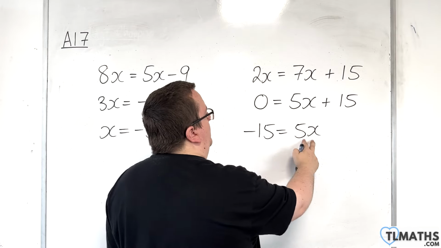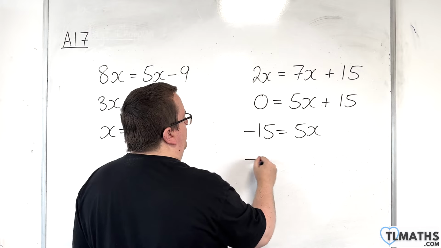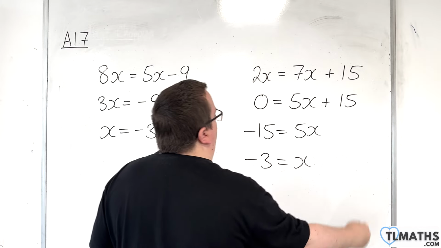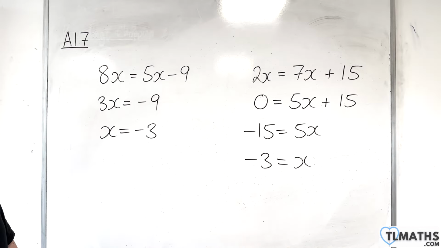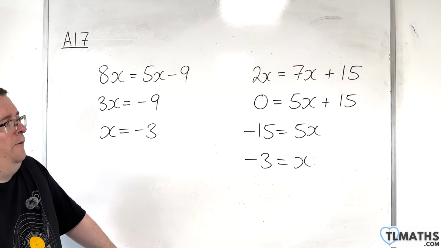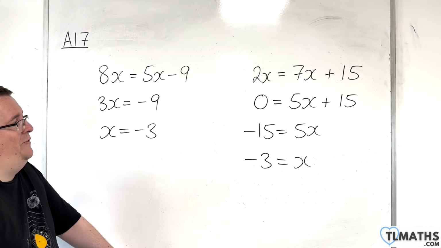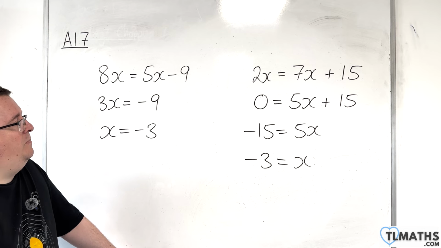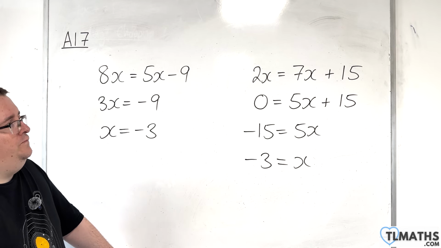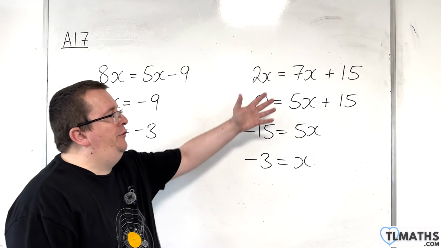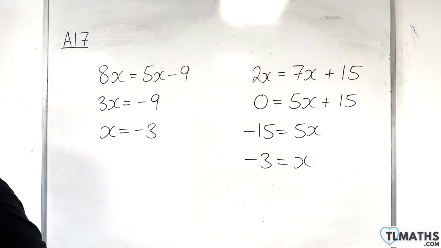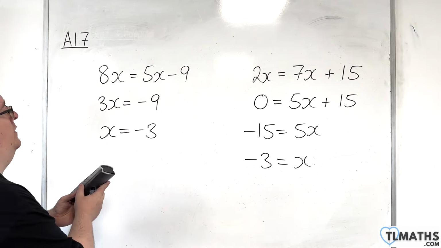And then, because I've got 5 times x, let's divide both sides by 5. And so x is equal to minus 3. Okay? That is a coincidence, by the way, the fact that these two have the same answer. So that wasn't planned. Okay, so this all seems reasonable. It works. It's fine. Okay?